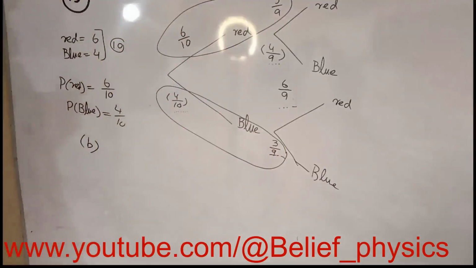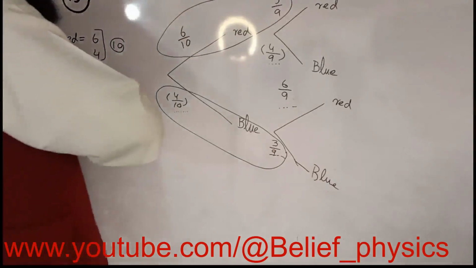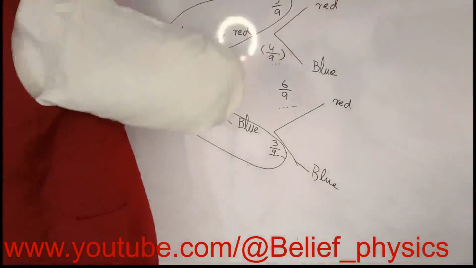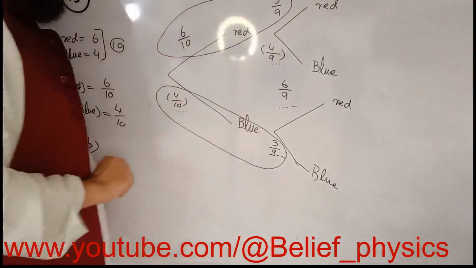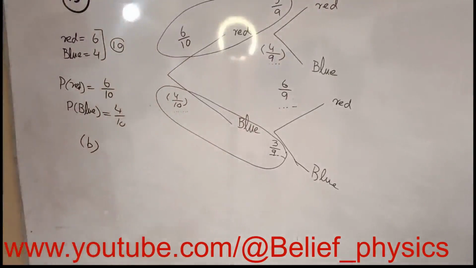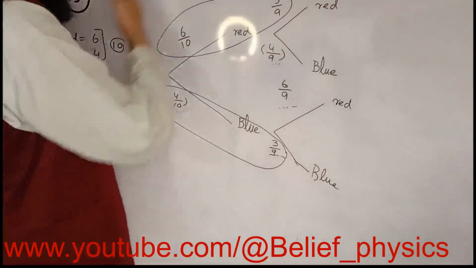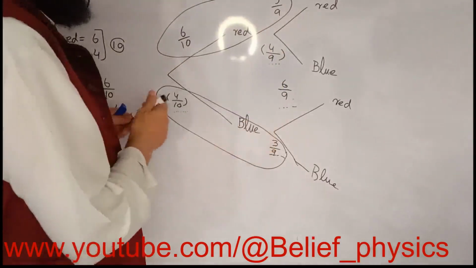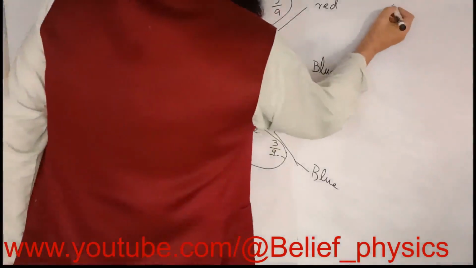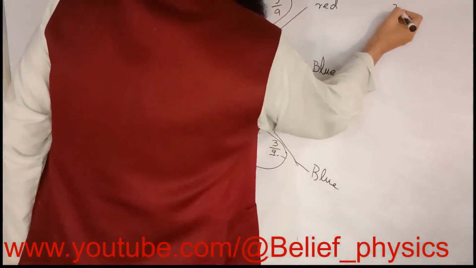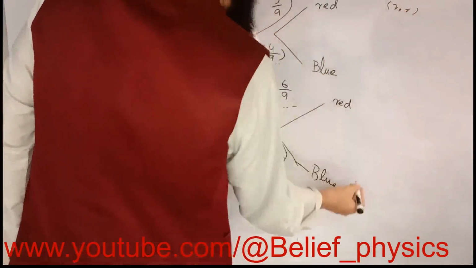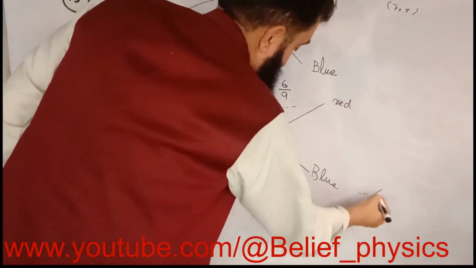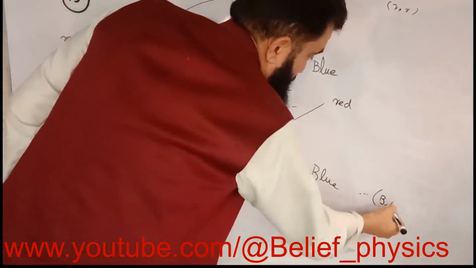Now, if we move horizontally along the branches of a tree, then we multiply. And if they are vertical, then they are added. So here it is red, red. And this will give you blue, blue.